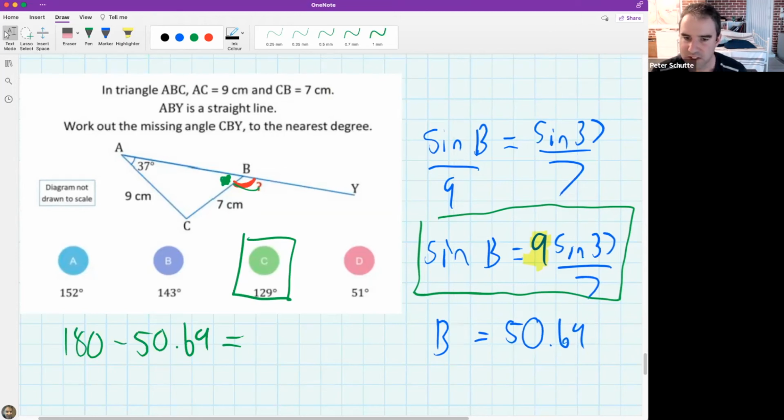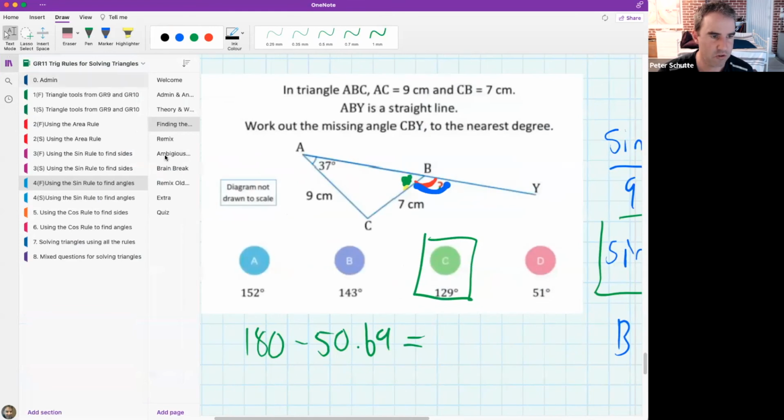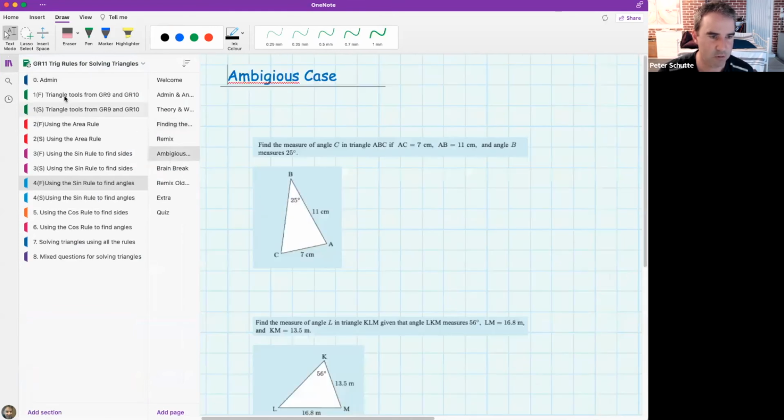You get 0.77, but then did you times it by 9, Kevin? So you go from there. So what I'm going to suggest is all that you did in this question was we found the step over here, and then we said 180 minus that step to get that one over there. Okay, cool. Let us move on to something called the ambiguous case.